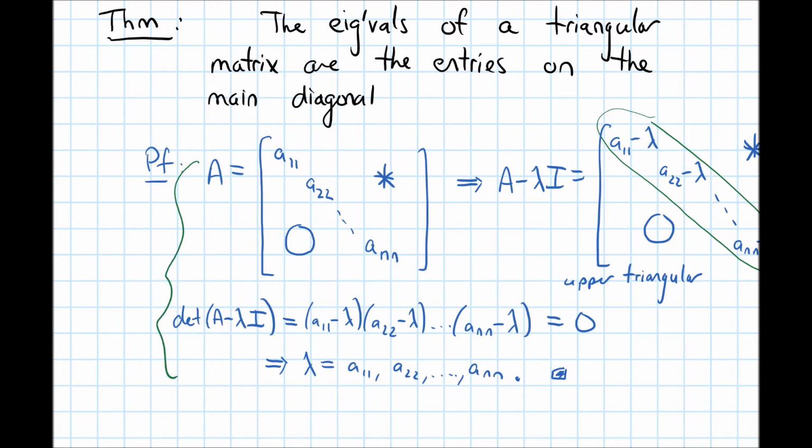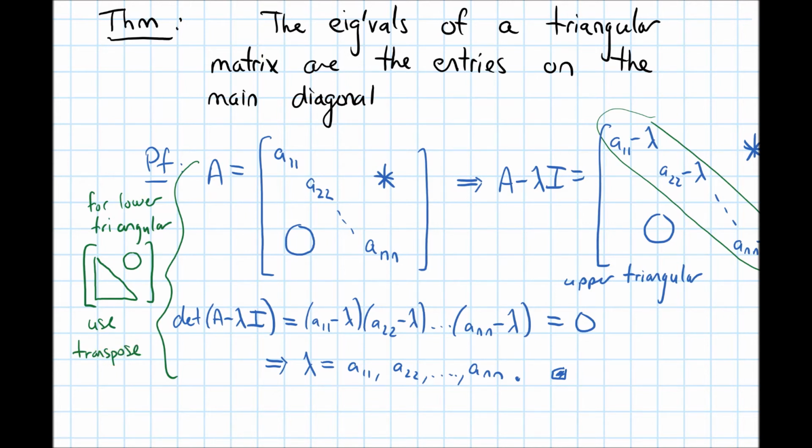I briefly want to end this proof by commenting on what this would look like if it was lower triangular. A lower triangular matrix may have some stuff either on the main diagonal or below it, and the things above the main diagonal are all 0.